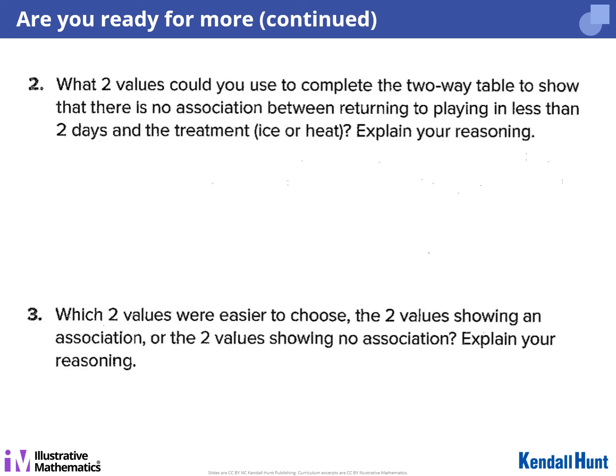What about having no association? What two numbers could I choose for no association? Well, remember we were comparing 8 and 4. 8 is twice 4. What if I use those same numbers of 14 and 7, and I have 14 and 7 here?